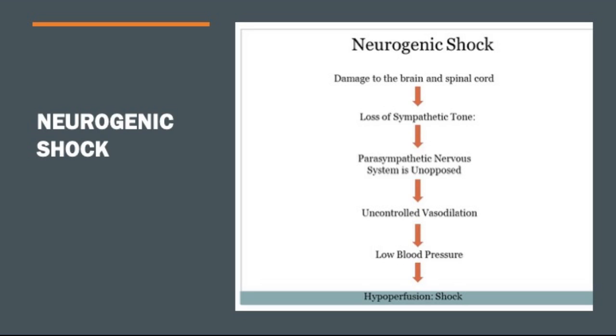This massive vasodilatation decreases your systemic vascular resistance. So once again, you don't have the volume circulating through because your vessels have dilated and can't constrict to put it more centrally. This ultimately leads to decreased tissue perfusion, shock states, and once again, you can go into multi-organ dysfunction and ultimately death if not treated.